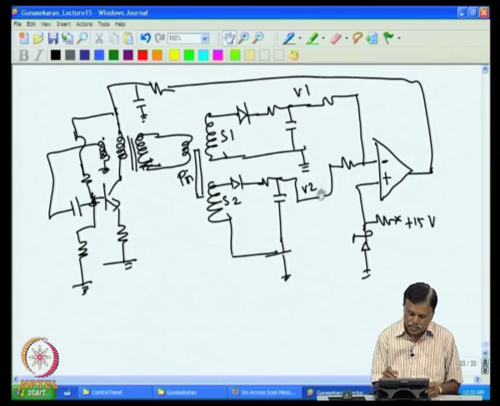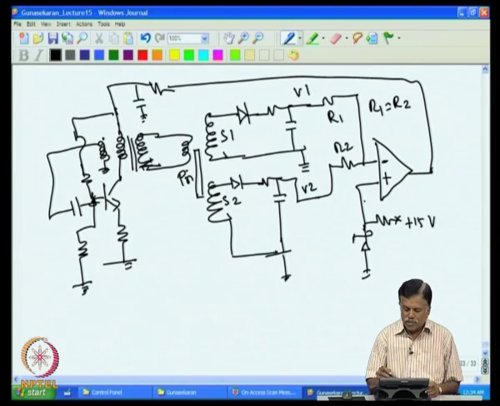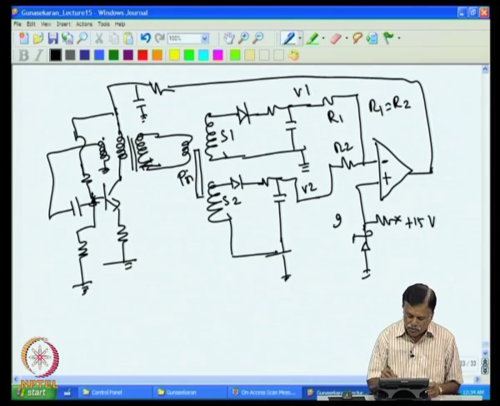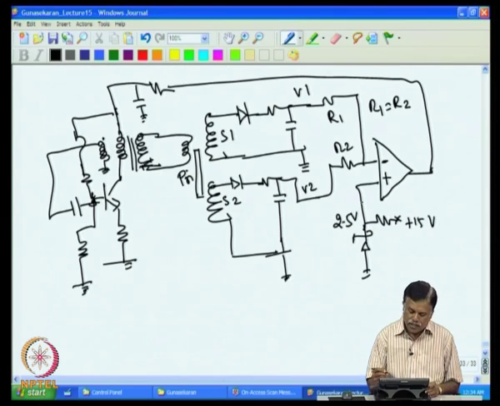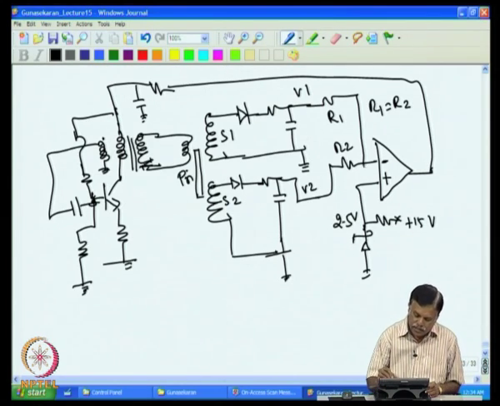Now, I am trying to compare these voltages, say R1 here, R2 here, they are equal, say R1 is equal to R2, and assume that this is kept at say 2.5 volt or 5 volt. So, in case the sum of the voltages increases, then this will increase and that will make the output decrease.